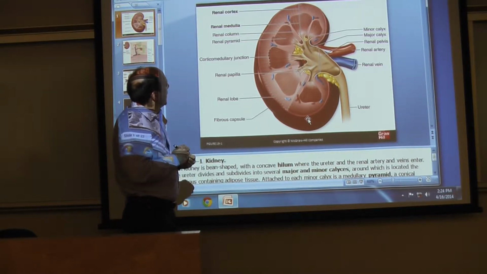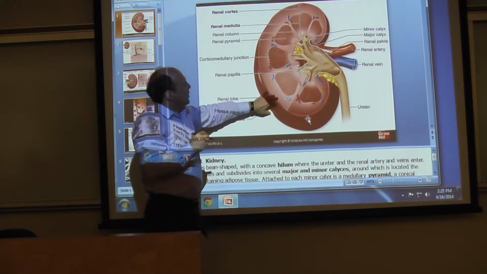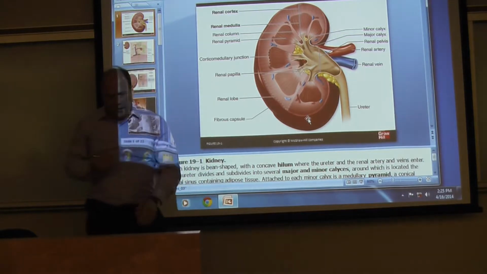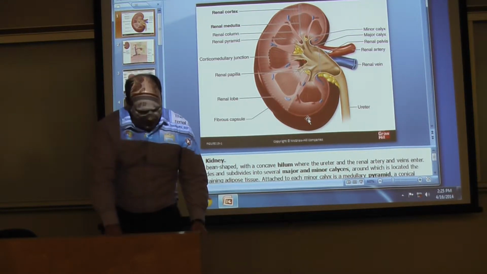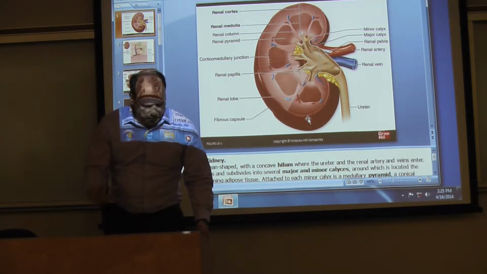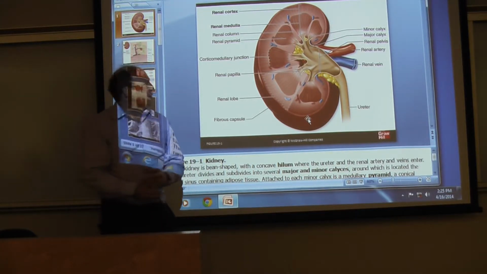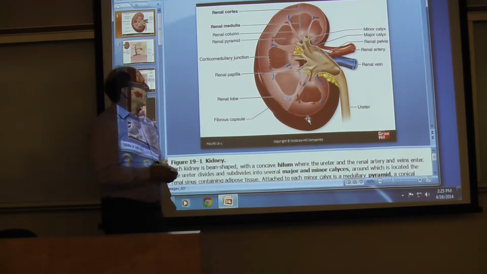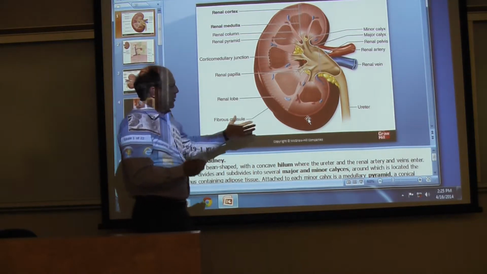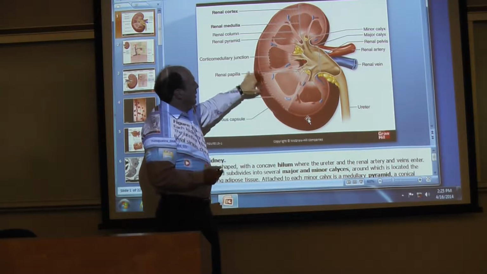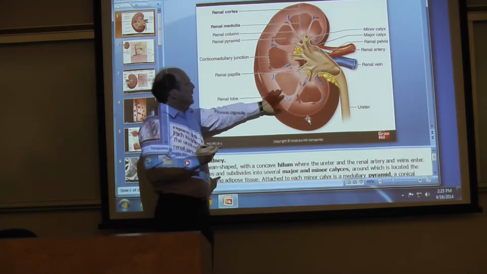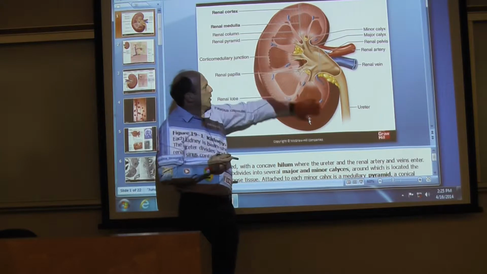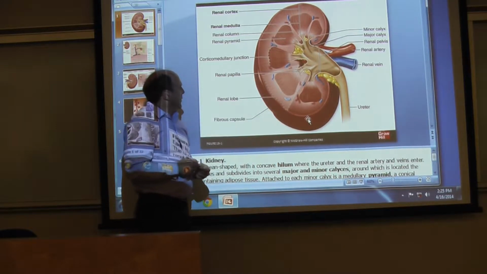So the basic unit of the kidney, though, is the nephron, and I think we've all heard about that in basic biology classes. And there's a bunch of them. There's a million of them. So we're going to discuss what that looks like, because this is histology, not gross physiology. So we're interested in what's happening microscopically here, but it is useful to get a cross-sectional view of the whole organ itself.